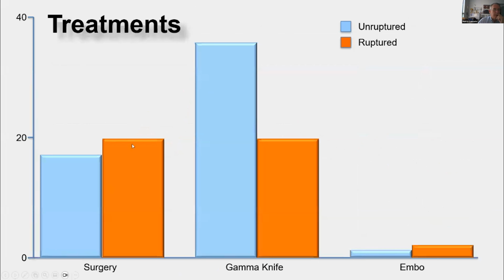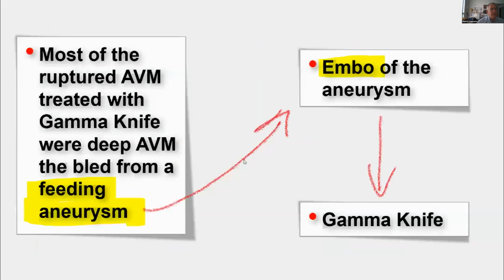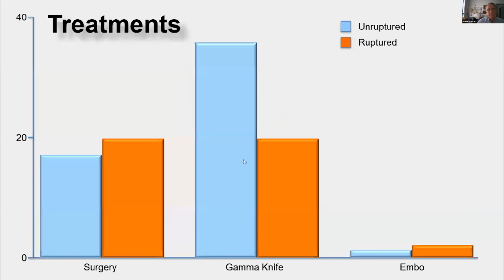You see, these are the treatments we had. We have a lot of gamma knife when there is an unruptured deep eloquent AVM, and embolization is not something that we consider a reliable treatment.